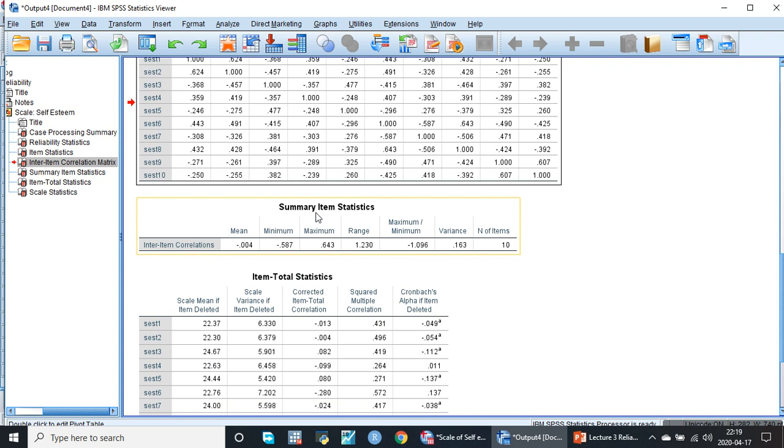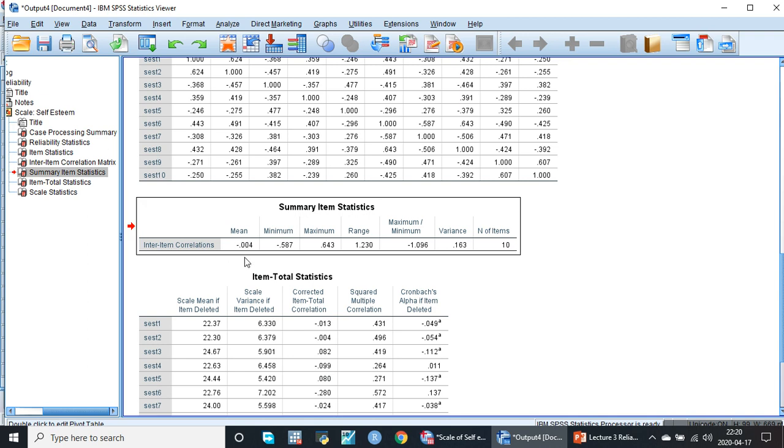In the summary item statistics, the mean value is minus 0.004, whereas the benchmark for the mean value is 0.2 to 0.4. It should be between 0.2 to 0.4, whereas this shows a value of minus 0.004. It means that the mean inter-item correlation is very low.